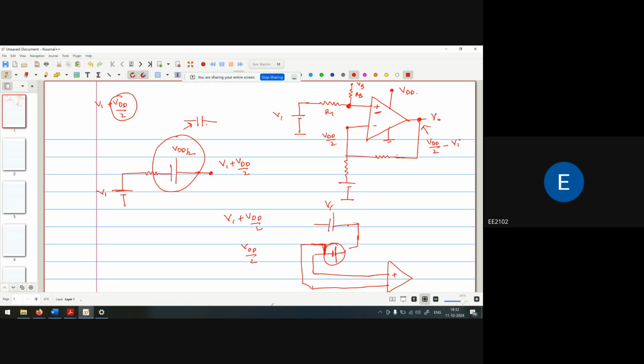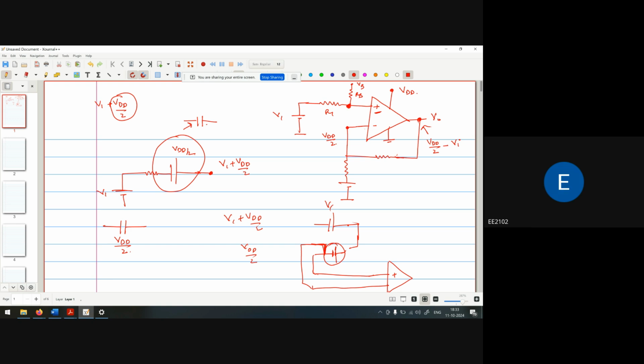Now what does a capacitor do? A capacitor stores charge, or stores voltage. So if this capacitor stores the voltage VDD by 2, we only require one battery for this purpose.